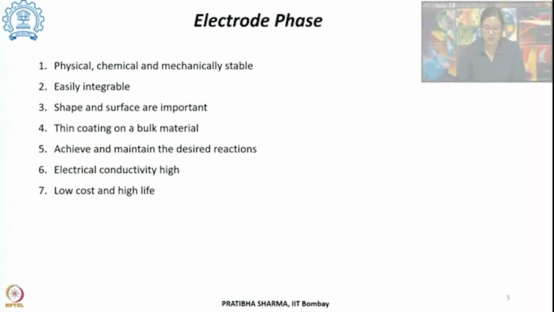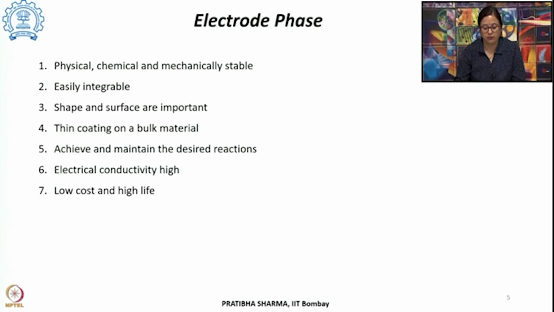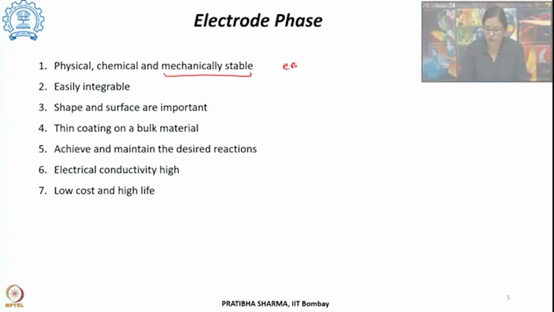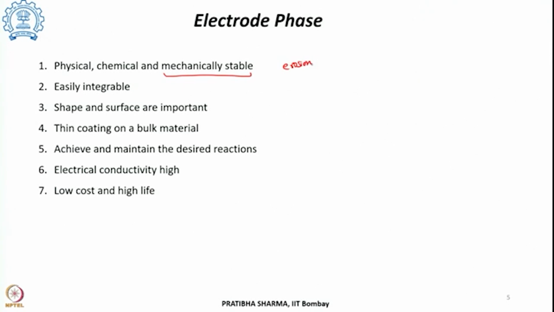The requirement for the electrode phase is that it should be mechanically stable, it should not undergo erosion when it is acted upon by different reactants, by different products, in the presence of different ions. So there should not be any loss of electrode when it is subjected to different species.